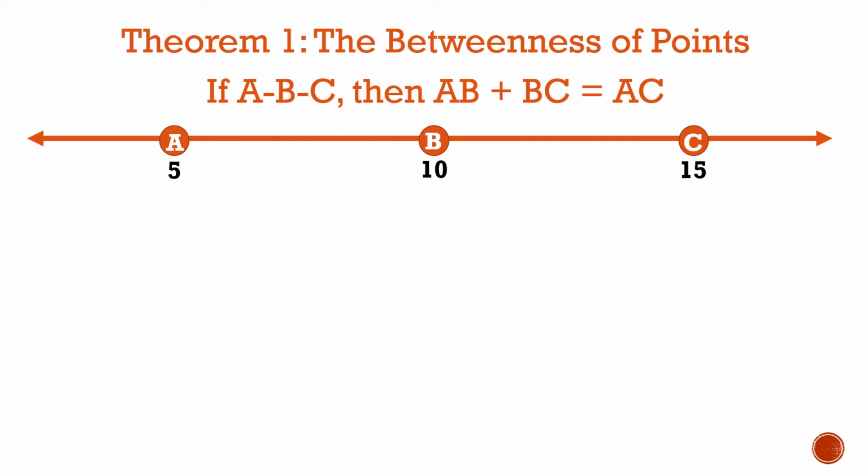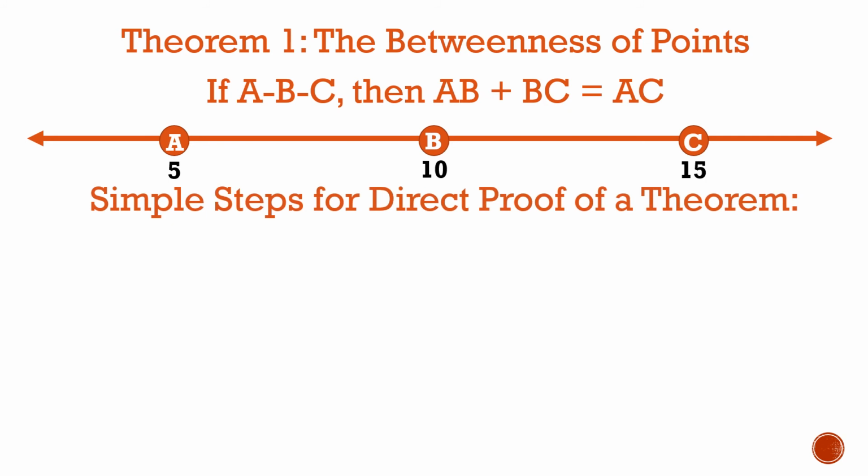So the idea here is that when we write steps for a direct proof of a theorem, we follow a certain structure. And that structure is something you already practiced in chapter 2. So let's break it down into some really simple steps for you. The first thing that you want to do when you're writing the direct proof of a theorem is to find the hypothesis of the theorem, which you already know how to do.